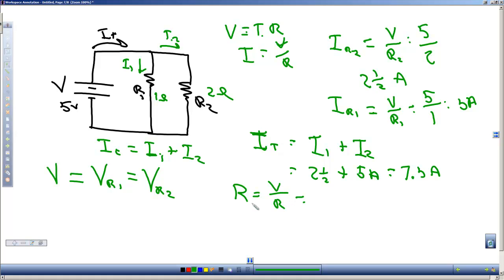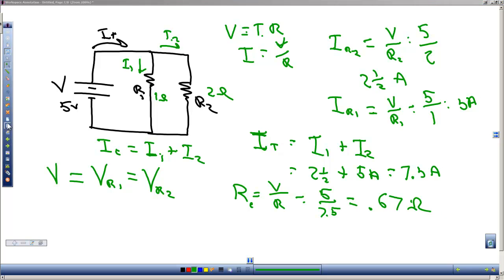And so that total resistance, if I know this current here and this voltage, well, that's 5 volts over 7.5 amps, and that comes out to 0.67 ohms.